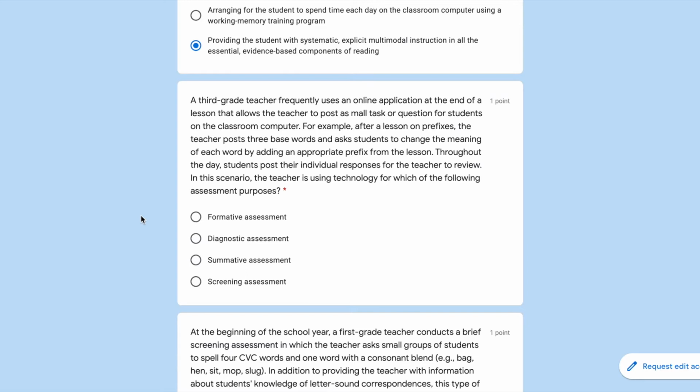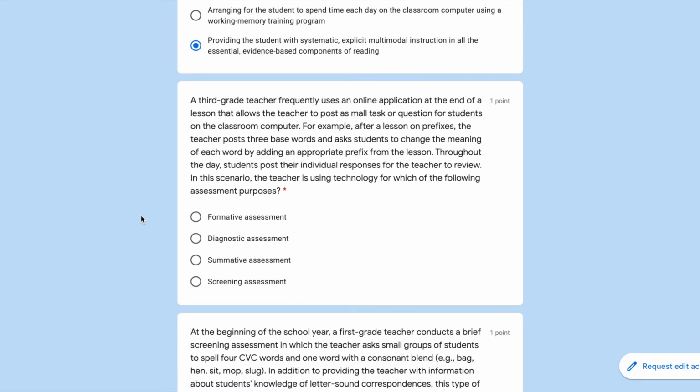Well, I'm looking at number 3. We have formative assessment, diagnostic assessment, summative assessment, and screening assessment. For this, it would definitely be formative assessment, and that's because the purpose of a formative assessment is to obtain information about what each student has learned and what they're able to do during instruction.